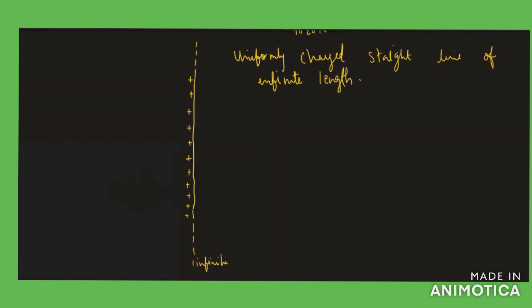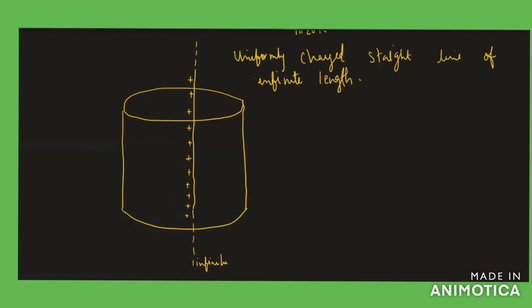Such a charge distribution has cylindrical symmetry. So if we need to find out the electric field at a point P near this charge configuration, we can select a cylindrical Gaussian surface with a radius r, where r is the distance of the point from the charge configuration. The mathematics becomes simple or easy.